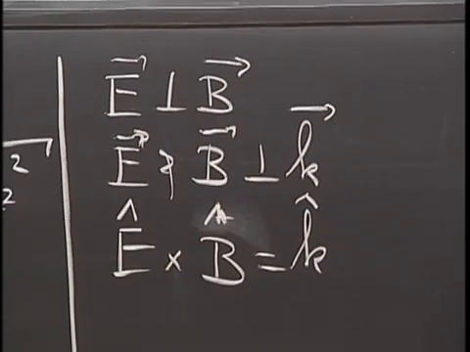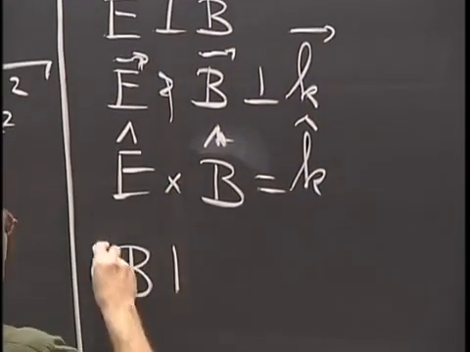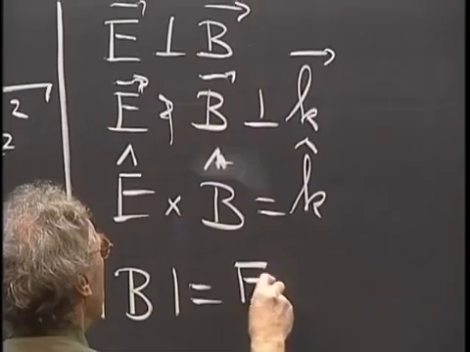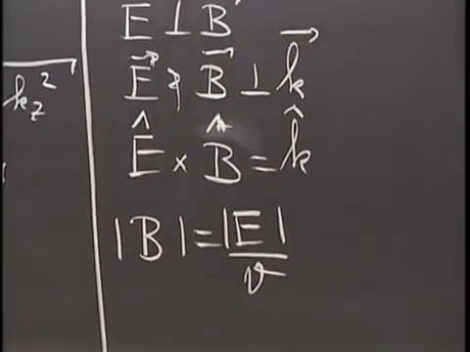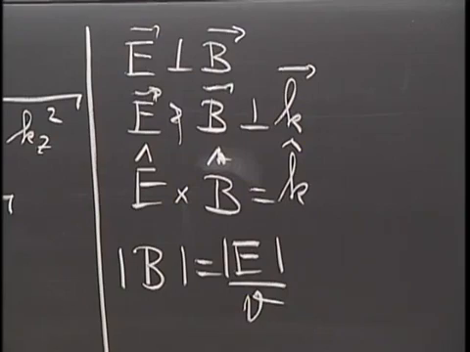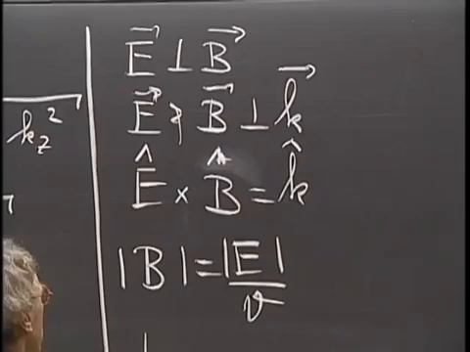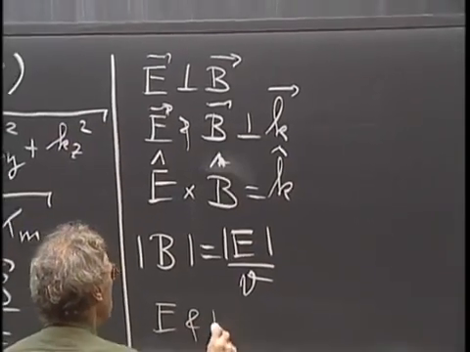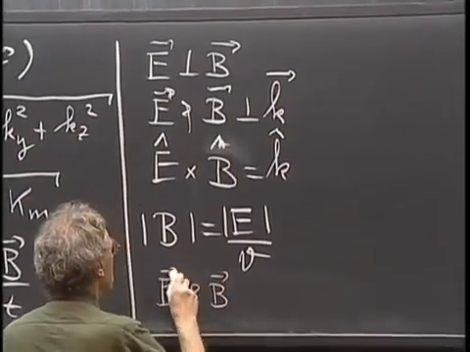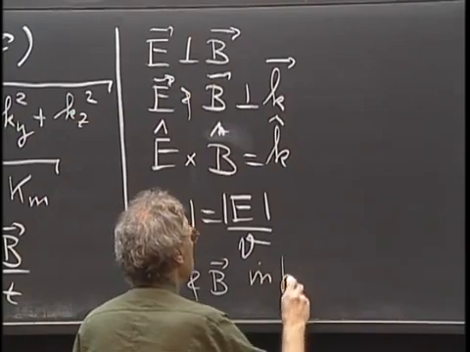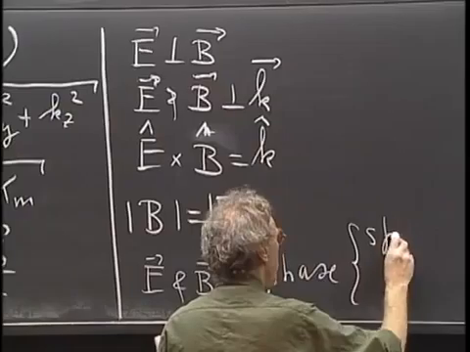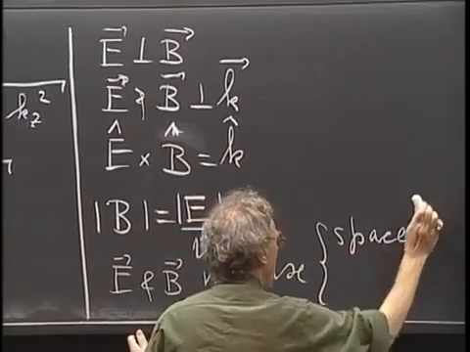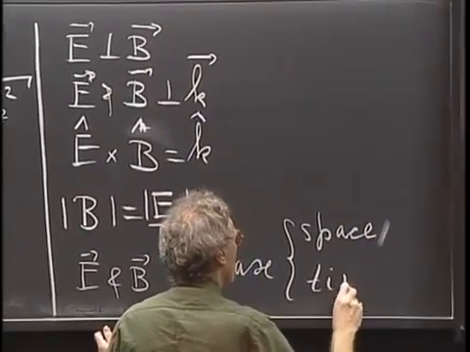The magnitude of B at any moment in time in a traveling wave is the magnitude of E divided by v, which can be c, of course. And then, and this is key, and I want to stress that, E and B are in phase with each other, in phase in space, and in phase in time.